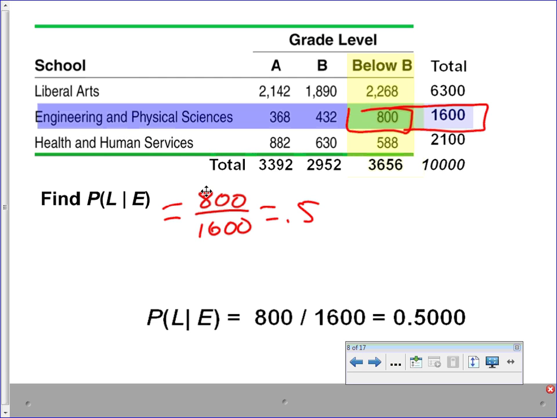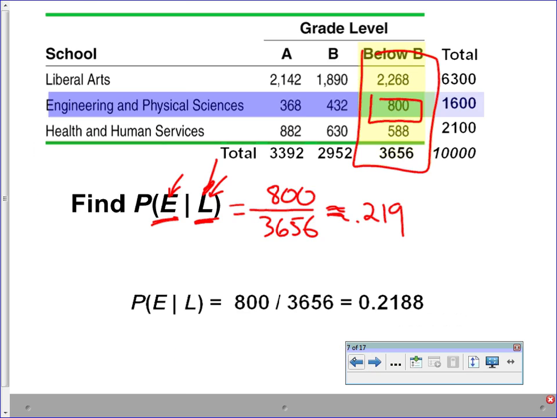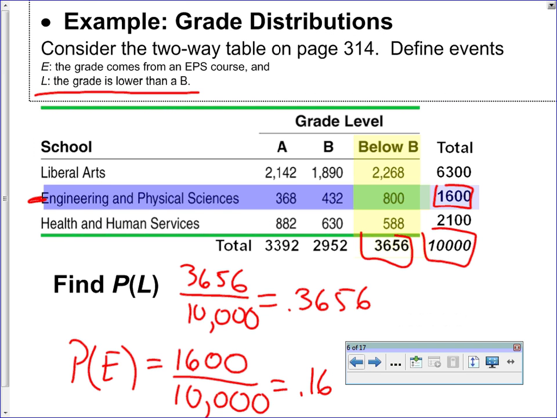And sure enough, we get that. So given that you're in an engineering class, the chances that you got below a B were 50%. Obviously, the people in the engineering and physical sciences grade a little bit harder than the general population. Remember, your probability of getting below a B, we said, was 0.365, right here. And so being in an engineering class means it's more likely that you'll get below a B than if you were just a general student at the university.